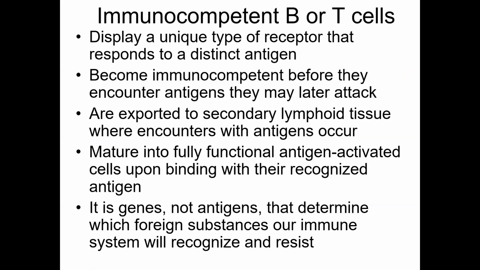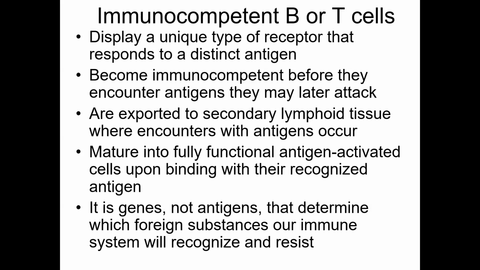A little bit of background about B cells and T cells. They circulate in your blood. Let's just use T cells as an example. T cells mature in the thymus, where the selection process takes place.